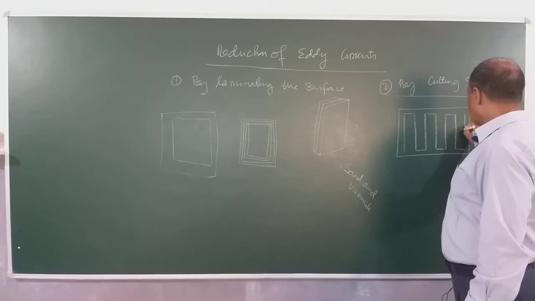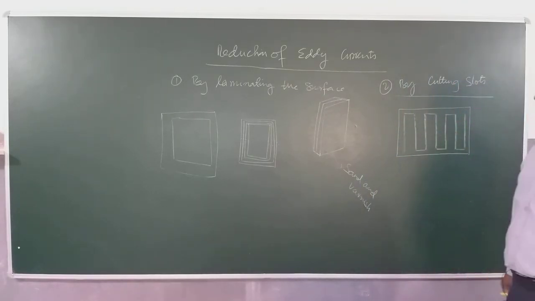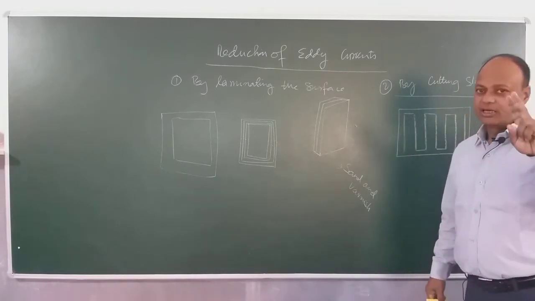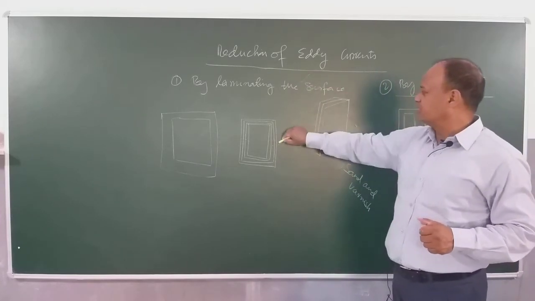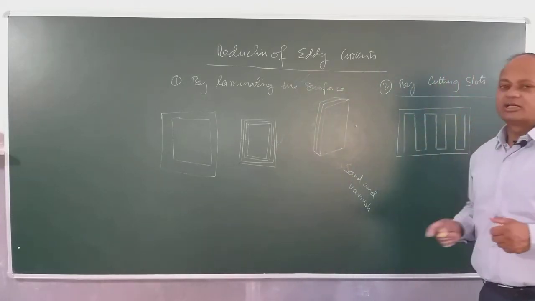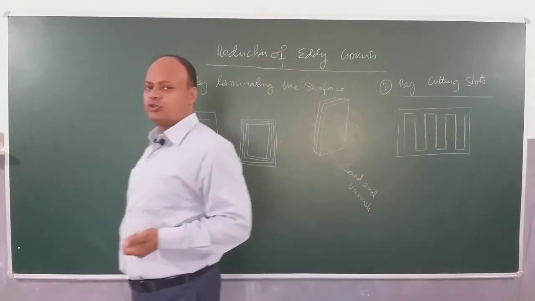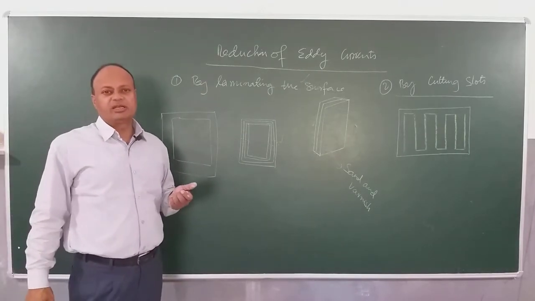When you cut slots like this, this way also we can increase the resistance of the surface, and we can minimize the eddy current. So children, there are two ways. One is by laminating the surface, which I have shown here, or by cutting slots. In both these cases, we can increase surface resistance, and we can reduce the eddy currents flowing on the surface of the given metallic bar.